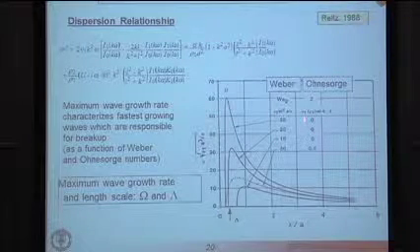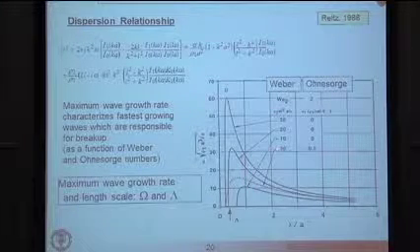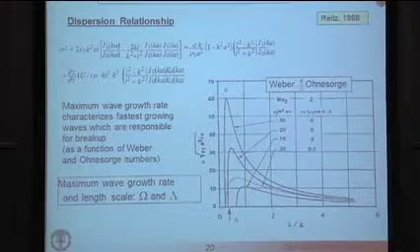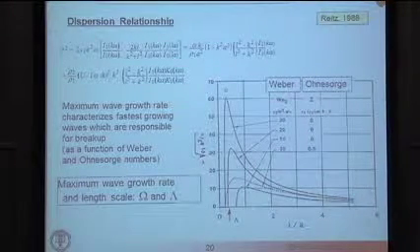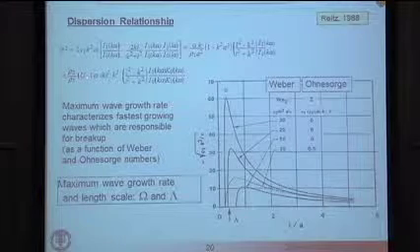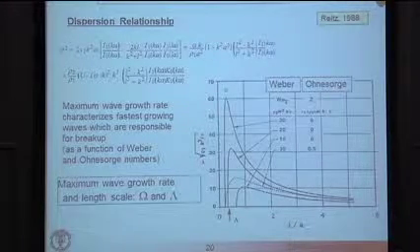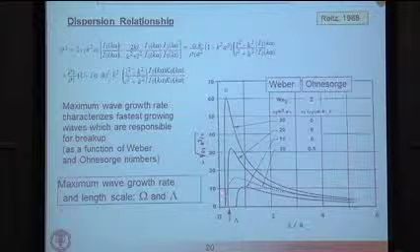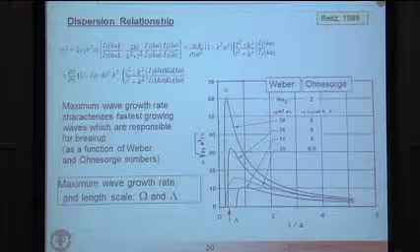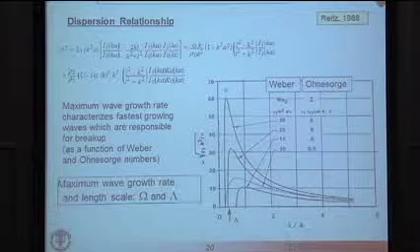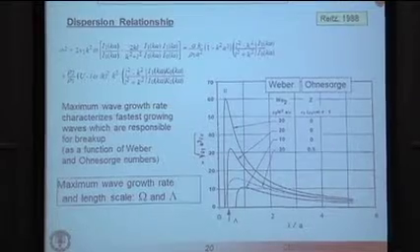So if we assume zero Ohnesorge number, what these plots show you here in the solid lines is what happens when you change the gas density-based Weber number. Weber number is the ratio of the dynamic pressure term, rho u squared, essentially, divided by the surface tension term, sigma over a. And as you can see, as you increase the Weber number, you're essentially driving the most unstable wavelengths to shorter and shorter wavelengths.